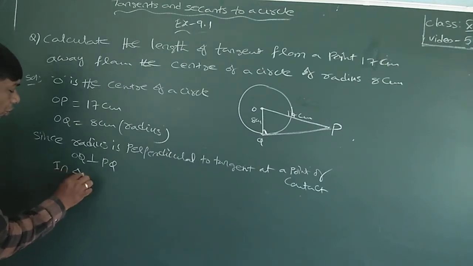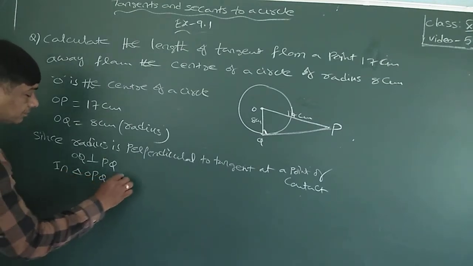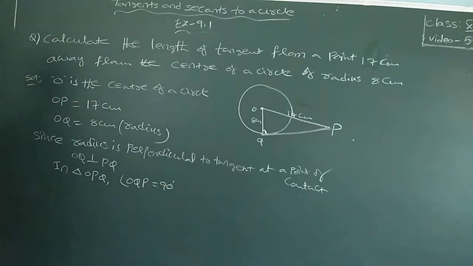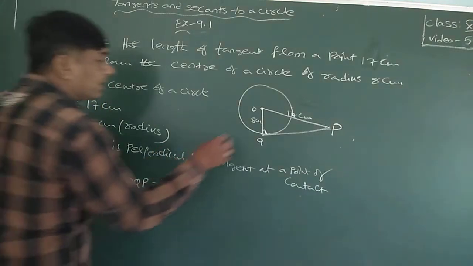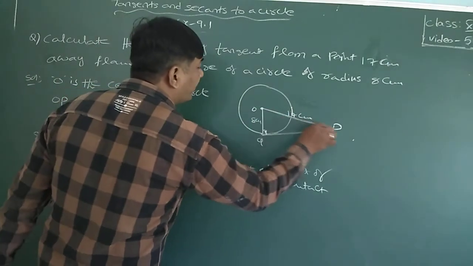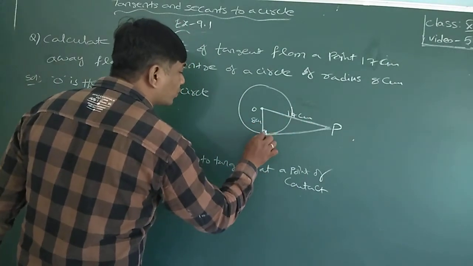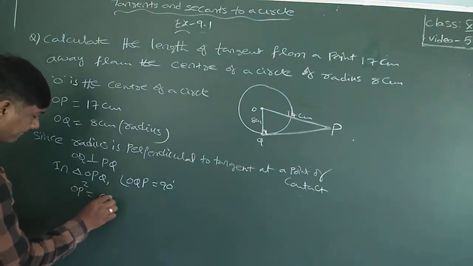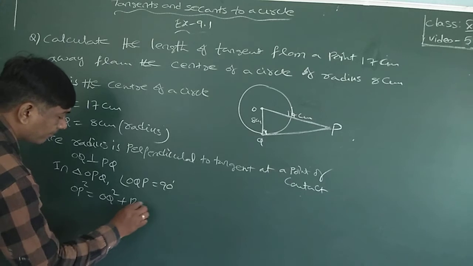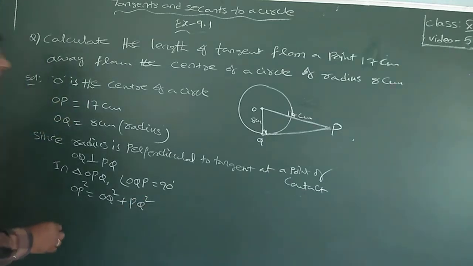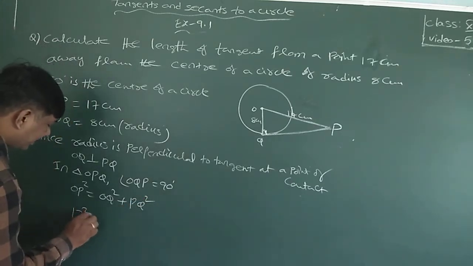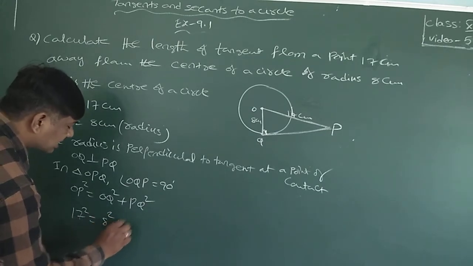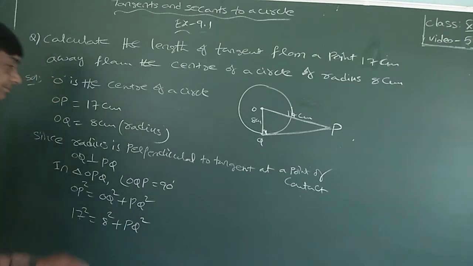In triangle OPQ, angle OQP is equal to 90 degrees. By the Pythagoras theorem, OP square is equal to OQ square plus PQ square. OP is 17, so 17 square is equal to OQ, which is 8, square plus PQ square.